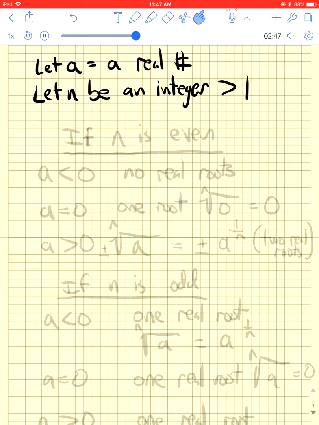So to do the nth roots, we have these rules. We have two sets of rules: n is even, and n is odd.